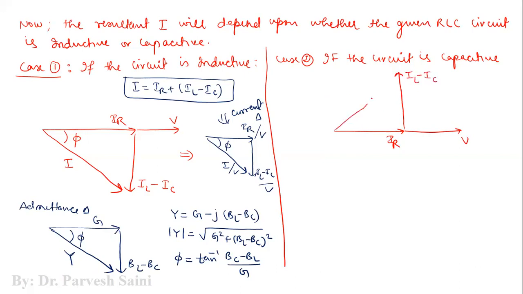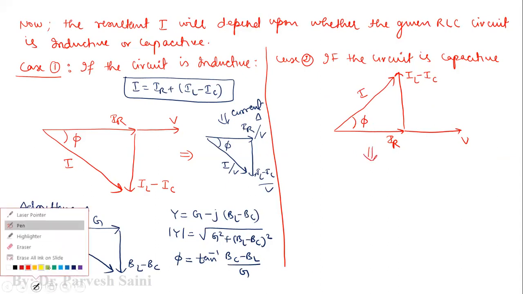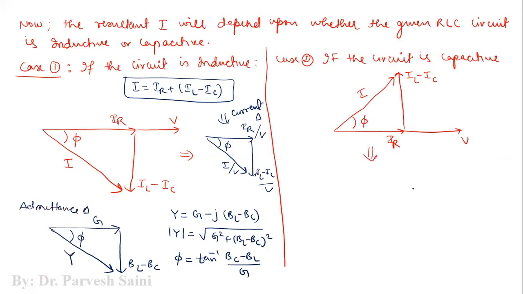And the resultant is your current I. This is fine. So from here you can draw the current triangle also. So the current triangle is, this is your IR, and then you have IL minus IC, and then you have this one I, and the angle phi is there. So this is the current triangle, right?